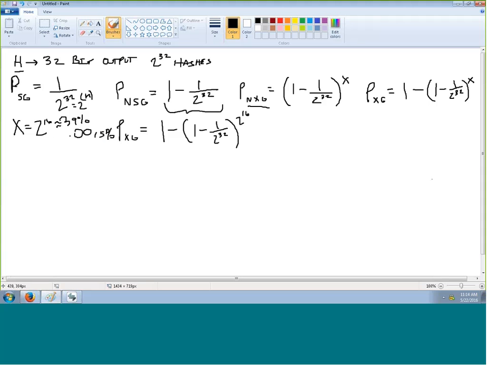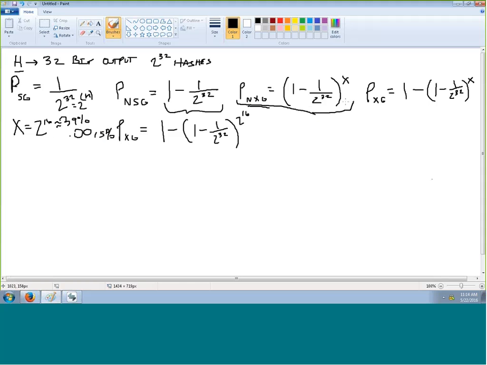All right, let's say here, this can be interesting. Now this is set up for us to solve for our probability. So let's say we want to find at what point a collision is likely, with this same 32-bit hash output. So we have here our probability of non-generation.